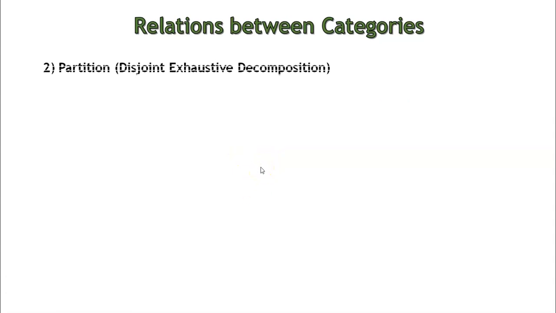And the second type of relation is partition, which is also called disjoint exhaustive decomposition.